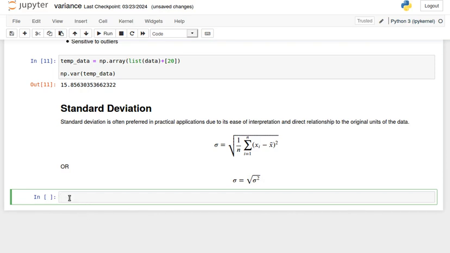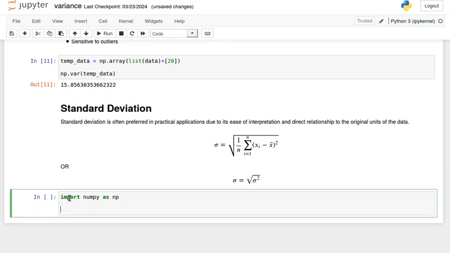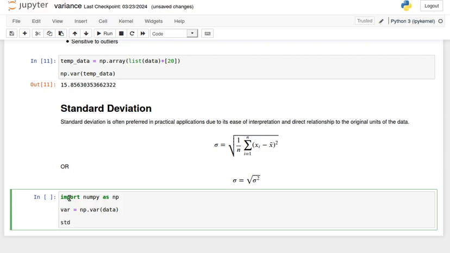So let's check it out. We first calculate the variance, and then for the standard deviation it will be the square root.